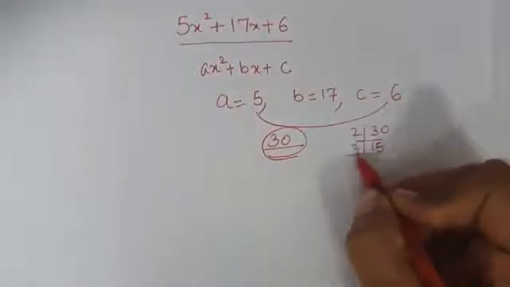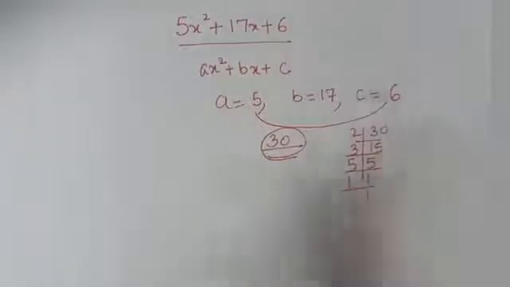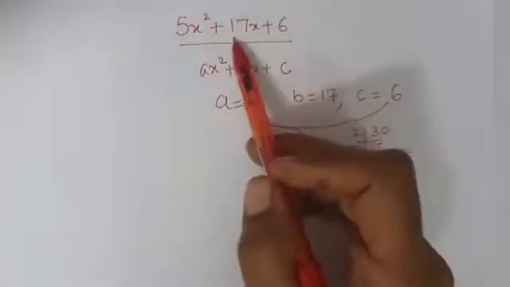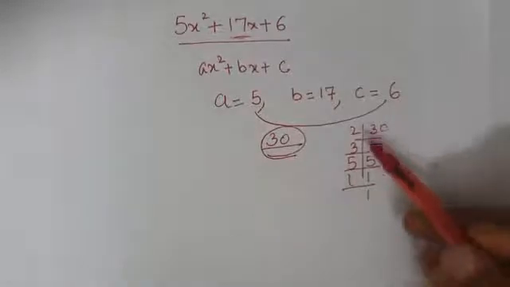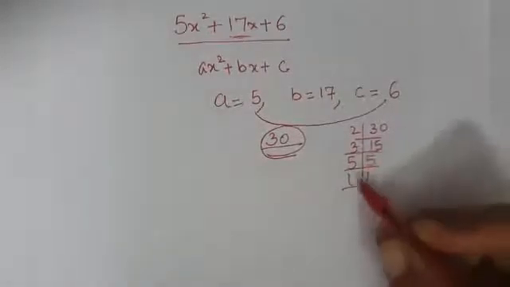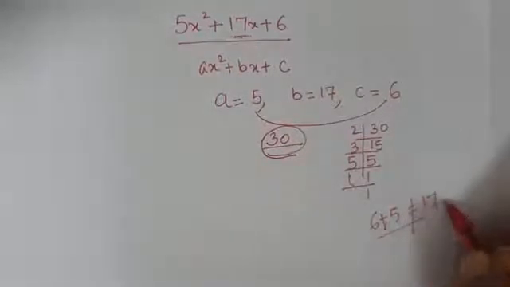So let us make 15, 5, 1, 1. Now you will think about two numbers whose addition gives you 17 and multiplication gives you 30. So now 2 into 3, 6, 5 into 1, 5. No, addition can never give you 17.